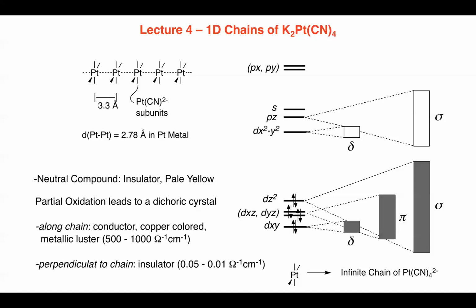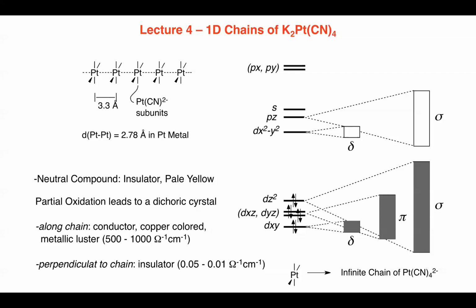And this compound is actually a pale yellow solid. It's relatively uninteresting, but it has a tendency to oxidize. Anybody that's worked with platinum, especially planar platinum compounds that can stack like this, knows they have this tendency to oxidize.